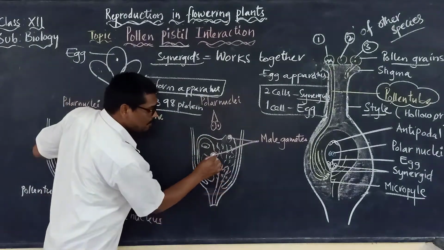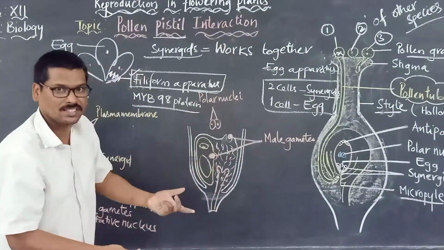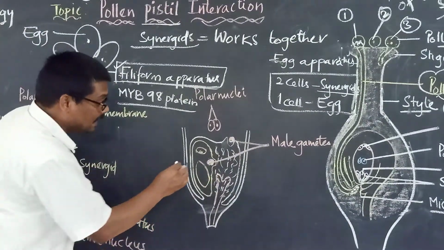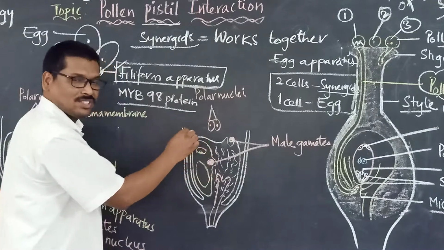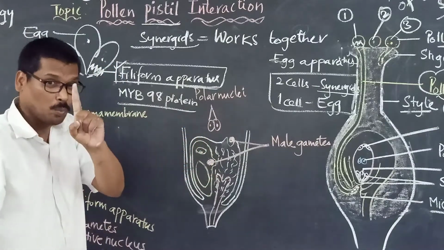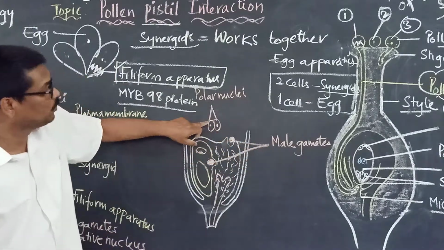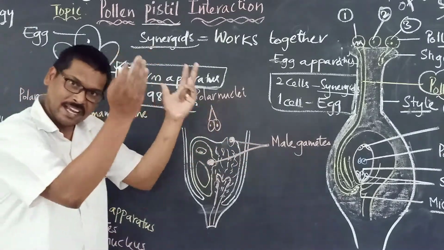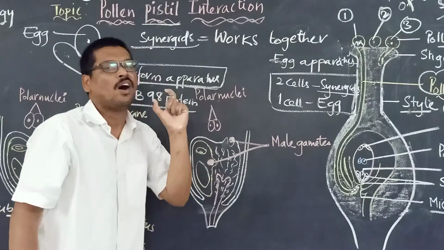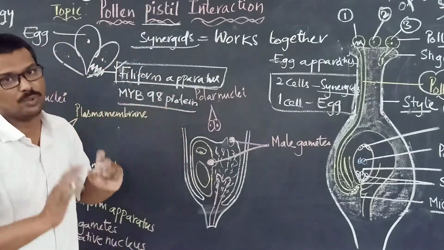Once released, the synergids guide these male gametes to fuse with what? One male gamete fuses with the egg and another male gamete fuses with the polar nuclei that are there in the central cell of the ovule.